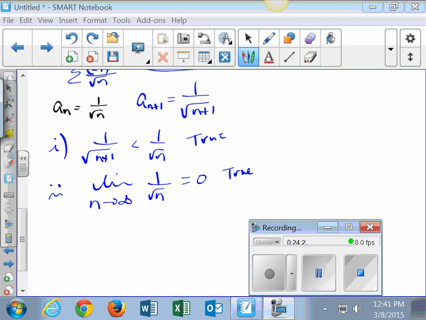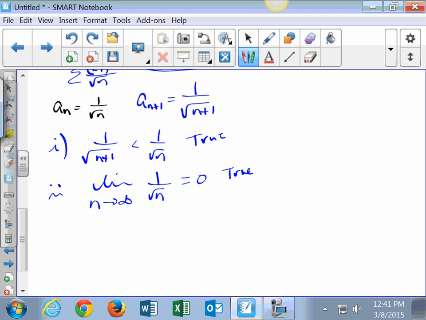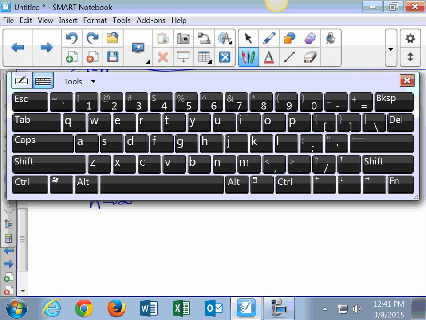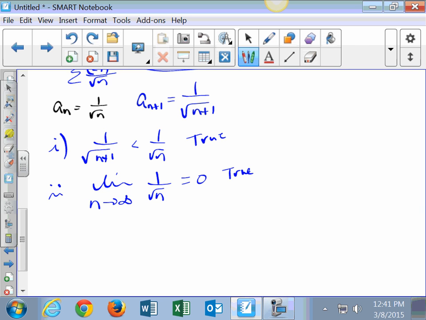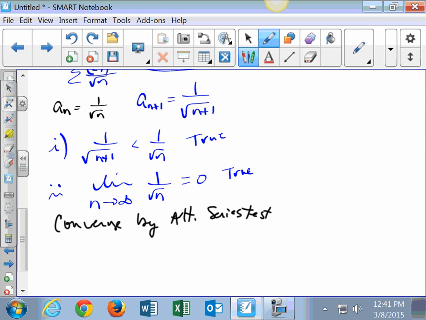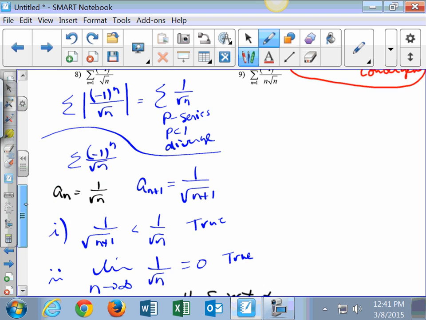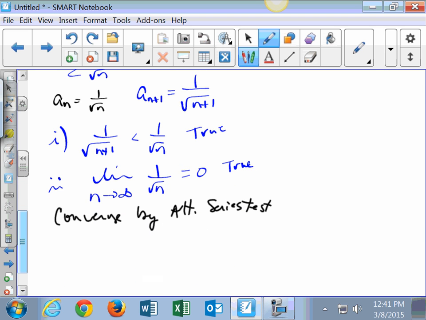So now I can say that this is going to converge by the alternating series test. So if I look back, we had the absolute value diverging, and we went back and saw that without the absolute value, using the alternating series test, my series is going to converge.